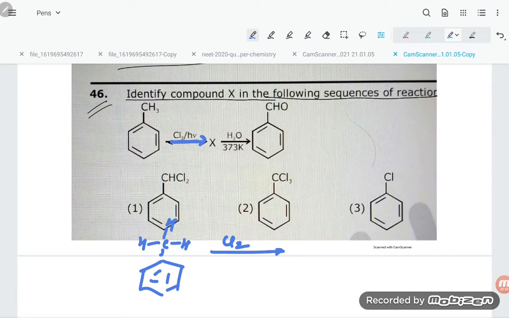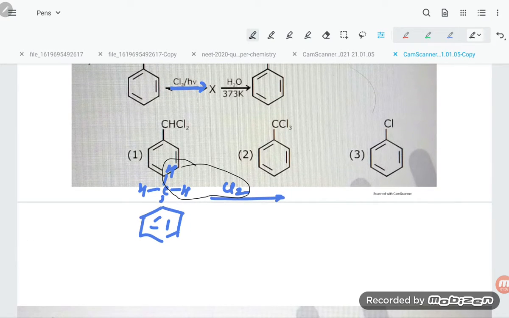So with Cl2, two hydrogens will be getting replaced. Let us see what compound you are going to get here. You are going to get CH with Cl and Cl. So with two molecules of Cl2, 2HCl is gone out.